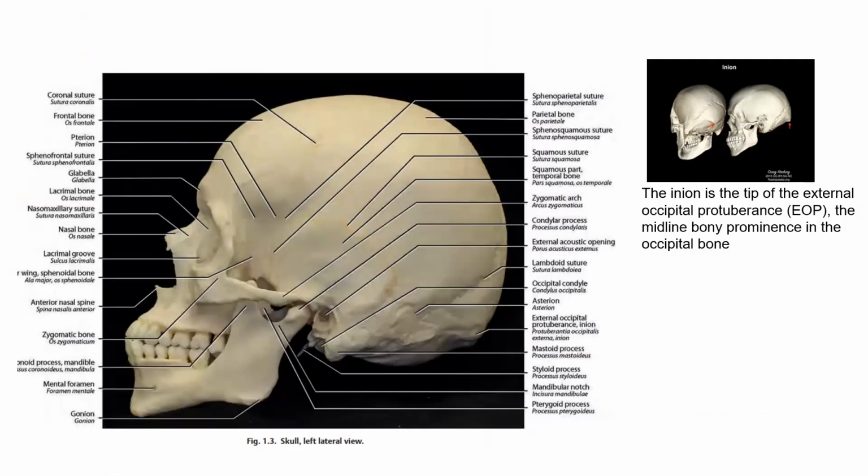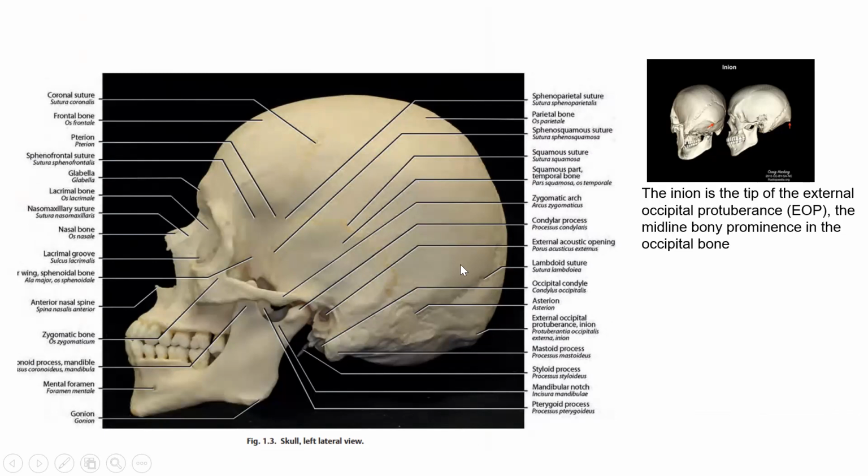Now coming towards the lateral surface of the skull. Here you can see the frontal bone, and behind the frontal bone are the paired parietal bones. The paired parietal bones have the sagittal suture in between them, and the frontal bone joins the paired parietal bones through the coronal suture.